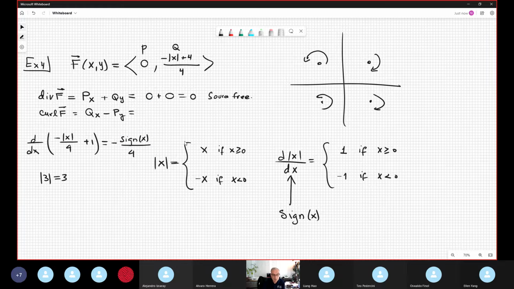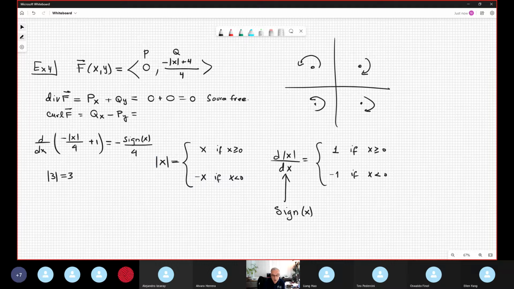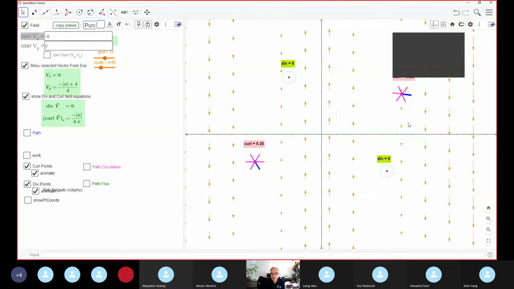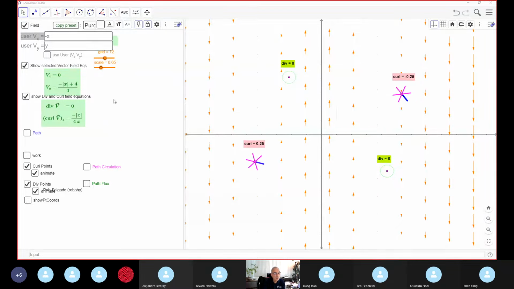I want to show you in the application. This application by default has a specific interesting example. Okay, go. Boom. Okay, look at that. I copy this example.